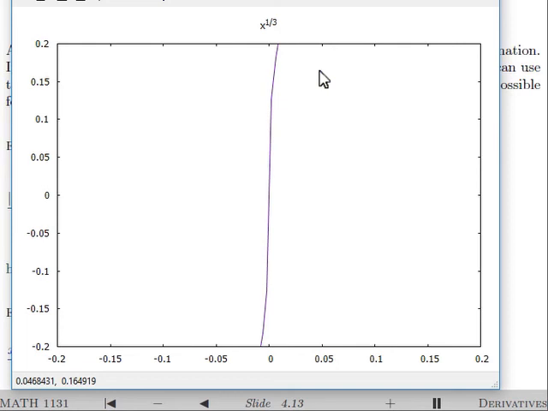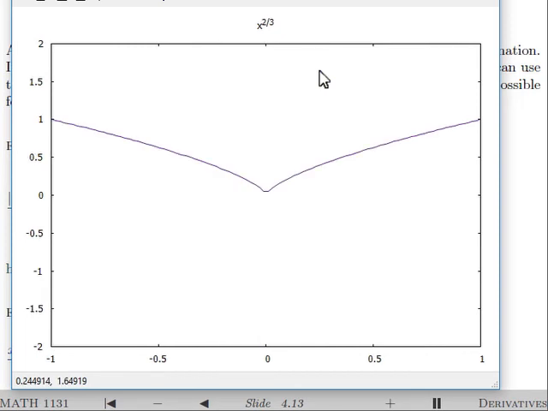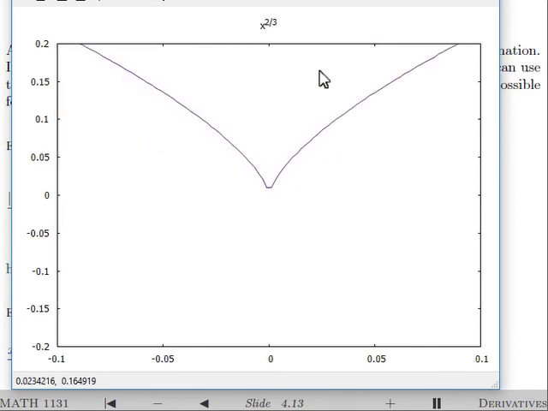It's also possible to have a combination of these two, what's called a cusp, which you will see in the graph of x to the power 2/3. A large piece of the graph looks like a bent V, or like the pictures of birds you draw in cartoons or little children's drawings. Just two big wings coming out of the origin. As I zoom in, the two wings become more and more vertical.